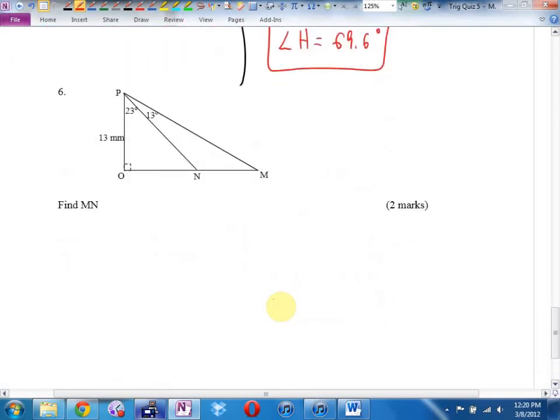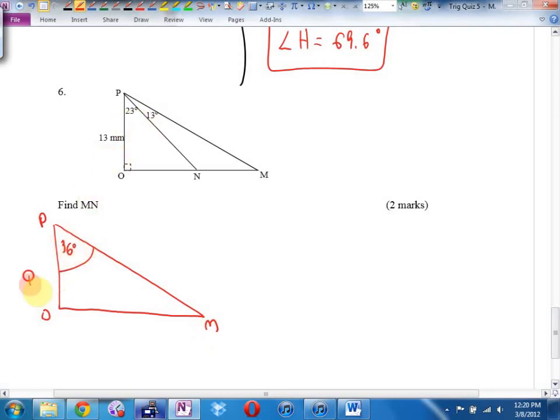And the last one, a compound diagram, a triangle inside of a triangle. It says find MN. I'm going to solve this triangle where this angle here is 36 degrees, and this is 13 high, and I can find that.